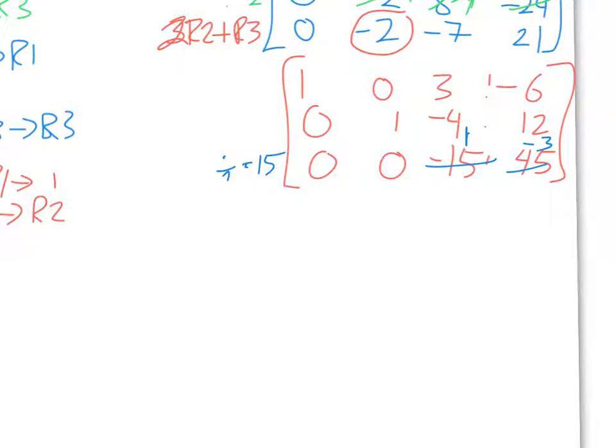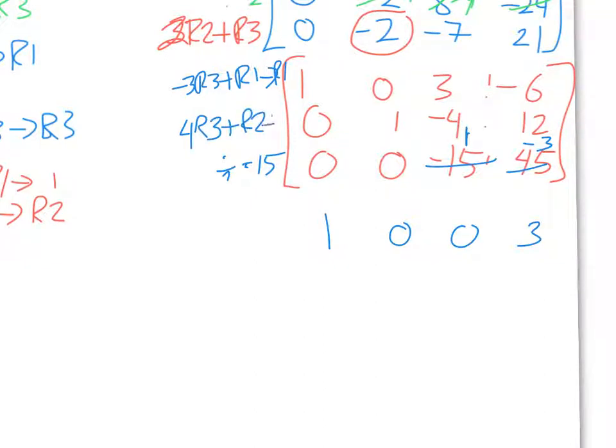That lets us quickly jump into the last piece of this. So we have to do negative 3 row 3 plus row 1 to replace row 1. We get 1, 0, 0. Negative 3 times negative 3 is going to be 9 minus 6 is 3. And then if I do 4 row 3 plus row 2, that gives us row 2.